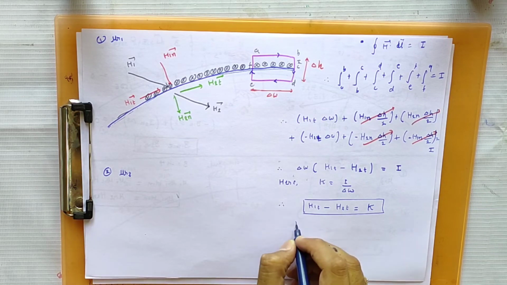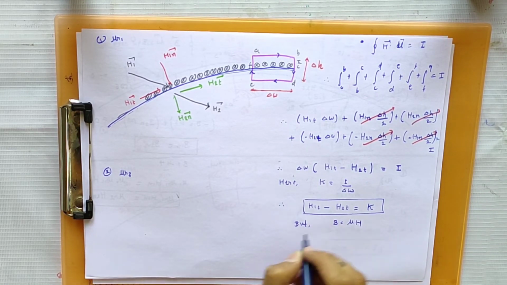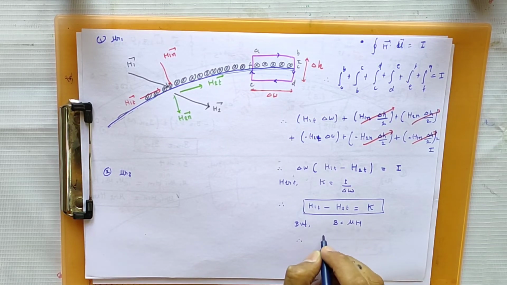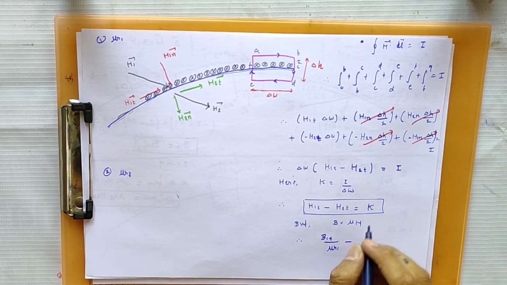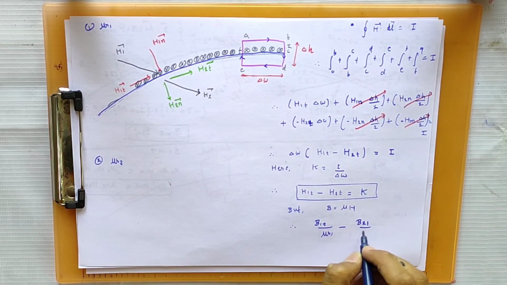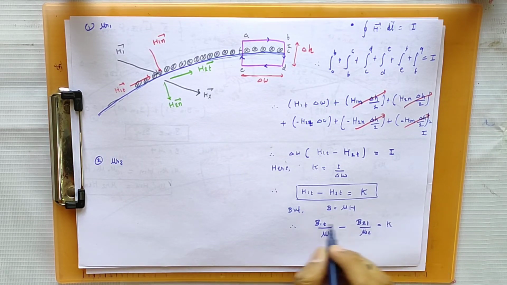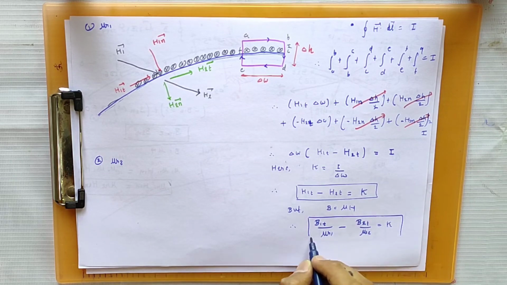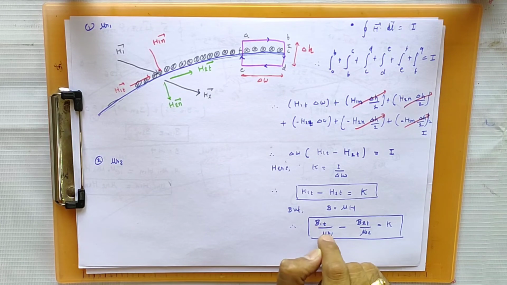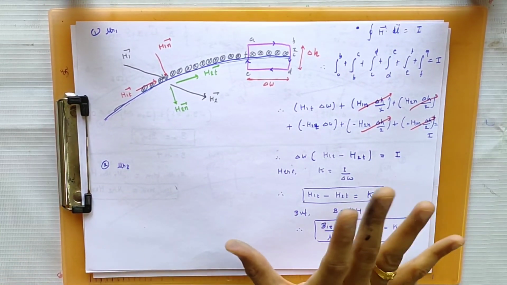But we know that B is equal to mu H, so H is equal to B by mu. So put here B1T by mu R1 minus B2T by mu R2 is equal to K. So no tangential component of magnetic field intensity or magnetic flux density is continuous.